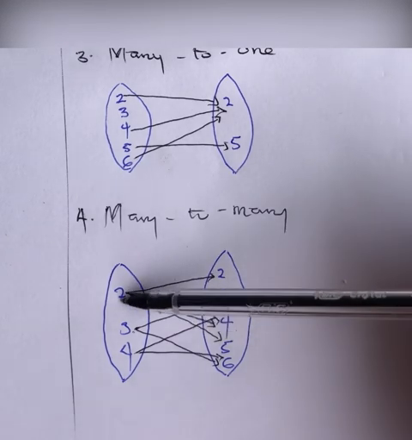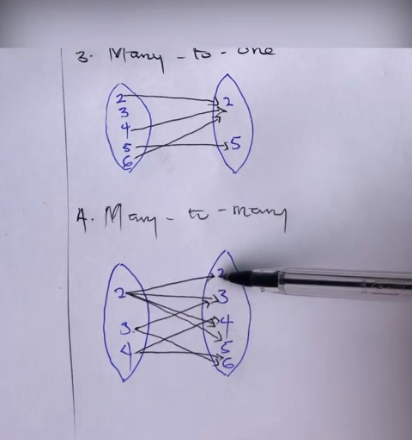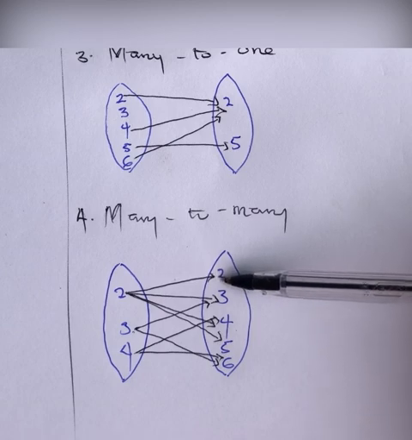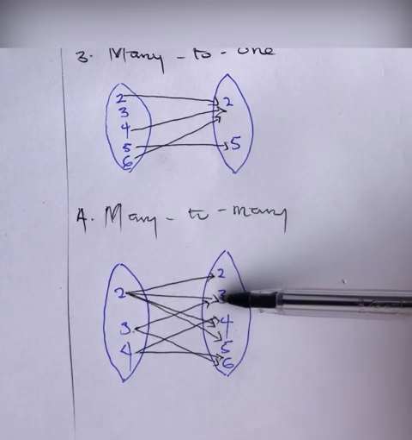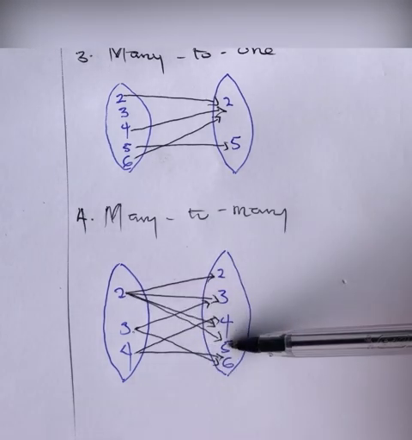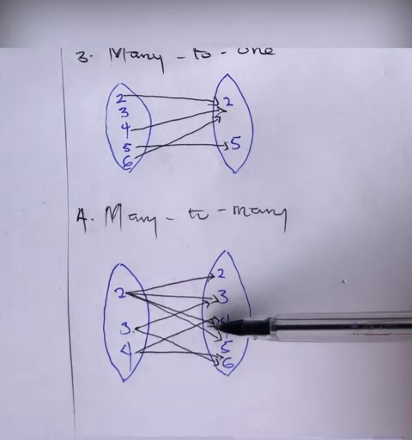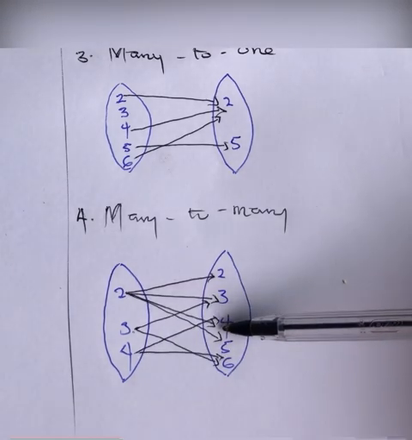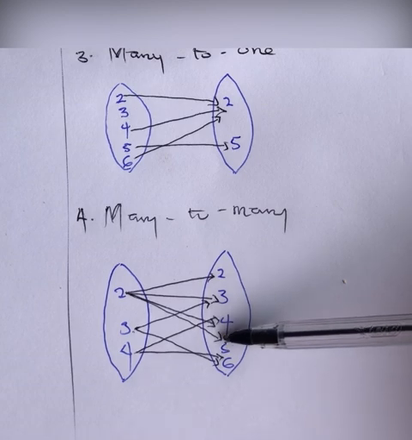So you could see that this 2 is mapping here, and this 2 is mapping onto this 3, this 2 is mapping onto this 5, this 4 is mapping onto this 4, and that is the meaning of the many-to-many.